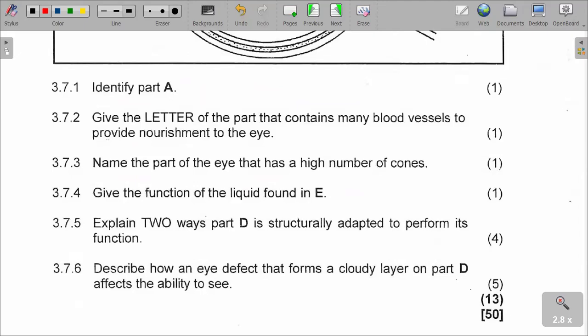Part A is the receptor organ, which detects the stimulus, which can be heat, pressure or pain, and converts it into an impulse.